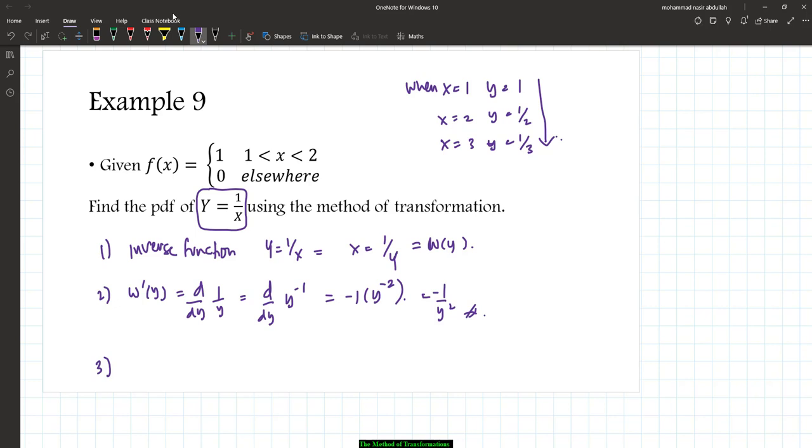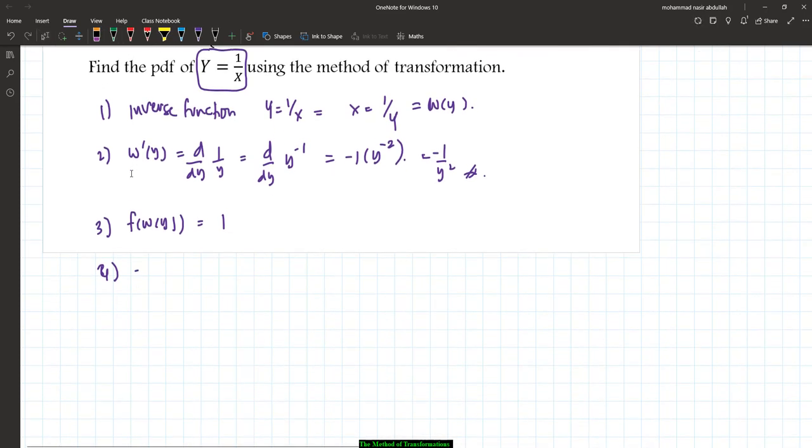Next, we want to find the function of w(y). So since there is no random variable inside f(x), it should be equal to 1 as well. So step number 4, g(y) should be equal to, sorry, let me write it clearer, a bit higher, alright, erase.